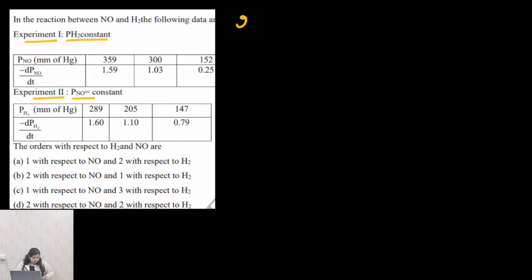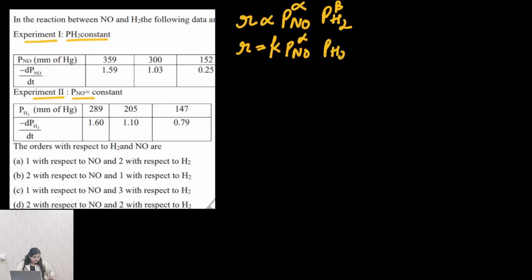So here the reaction is between H2 and NO. The rate will depend upon the pressure of NO and the pressure of hydrogen, both raised to some powers which we can label as alpha and beta. So the rate expression is K into pressure of NO raised to the power of alpha into pressure of hydrogen raised to the power of beta.